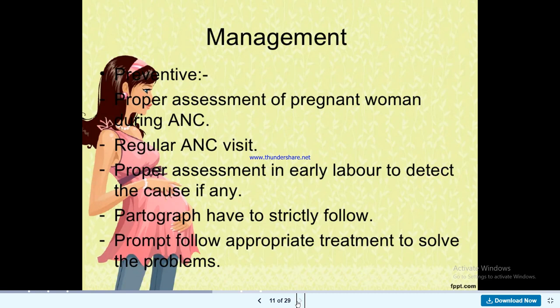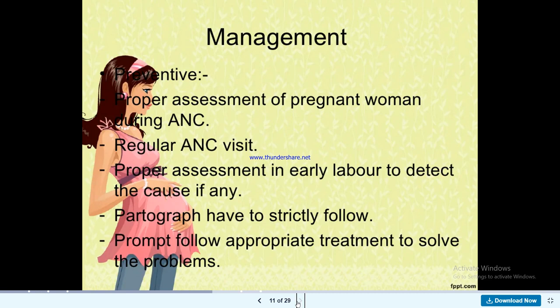The management includes number 1, the preventive, then the curative. In preventive, we see proper assessment of the pregnant woman during antenatal care, regular antenatal care visits, proper assessment in early labor to detect the cause if any. Partograph has to be strictly followed. That is the graph which shows the changes in the labor.